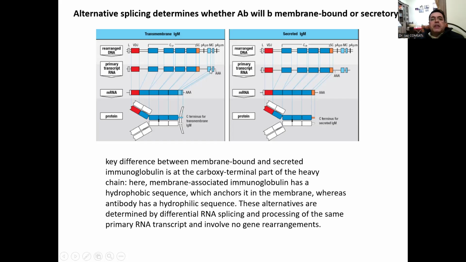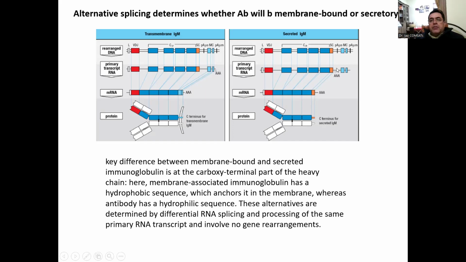Here you see the poly A tail in this primary transcript is towards the right, but here it is towards the left of the MC sequences that are coding for the hydrophobic domain. And when the mature mRNA is formed, all the introns are spliced out.